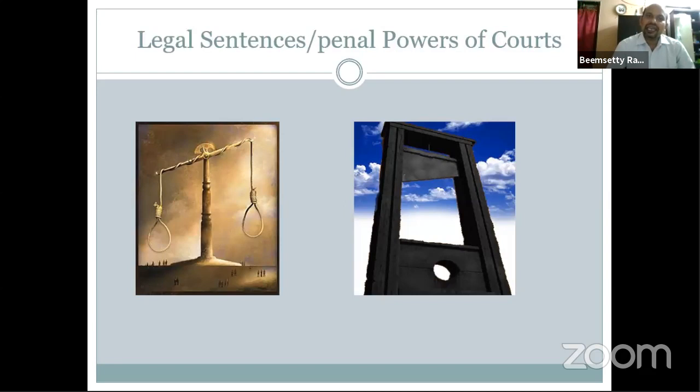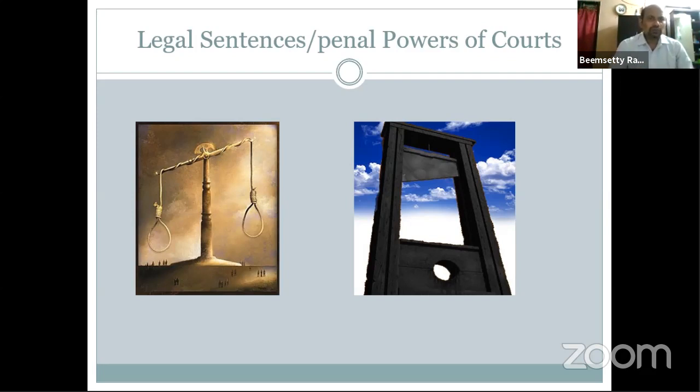Next is legal sentence or penal powers of the court. Now we'll be dealing with different types of courts which are present in India. And you all know which is the highest court, tribunal court in India. It is the Supreme Court and it is situated in the capital city of the country.